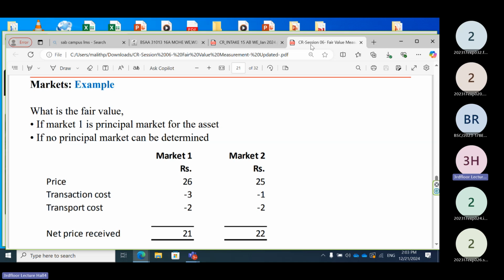Market 2 is the most advantageous market because as an entity we can earn a high value after deducting transaction cost and the transport cost, right? Then the fair value is 25 deducted by 2, 23.